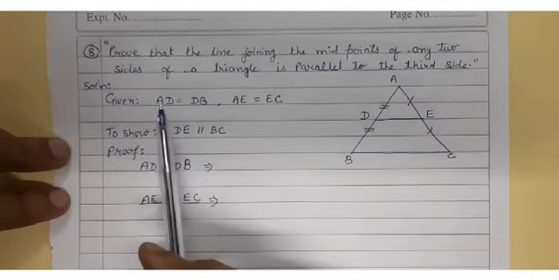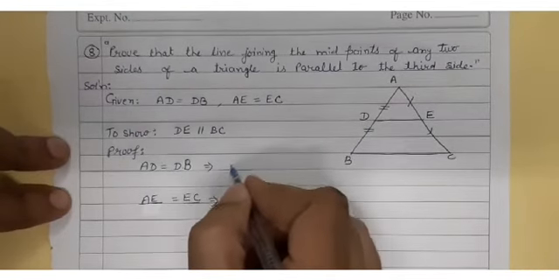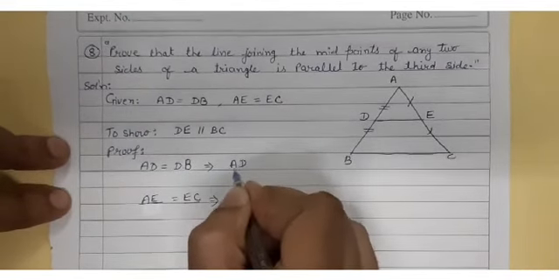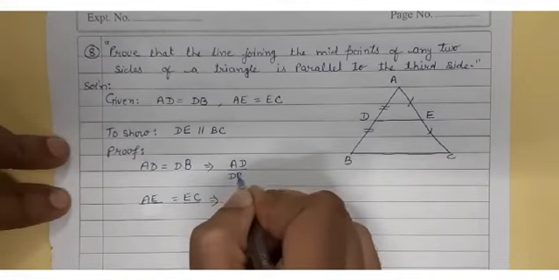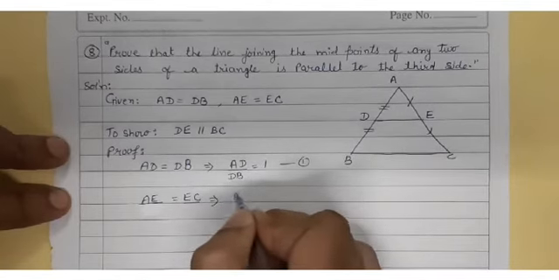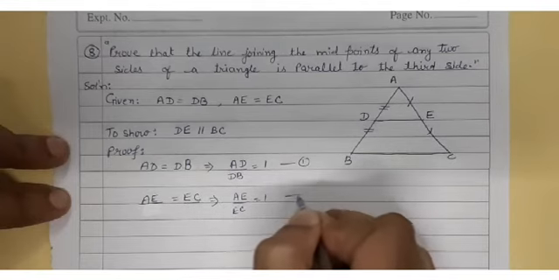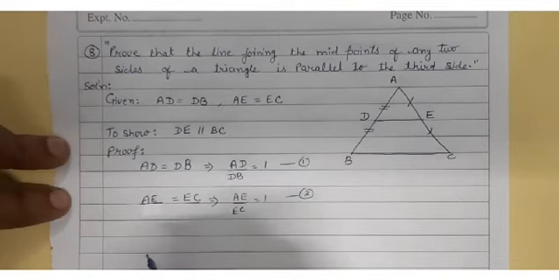Then the proof. Whatever is given, AD is equal to DB, you write here. Then you can make it like this: AD upon DB is equal to 1, equation number 1, and AE upon EC is equal to 1, equation number 2.